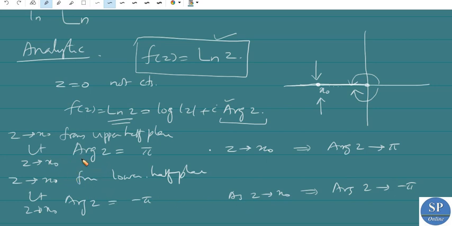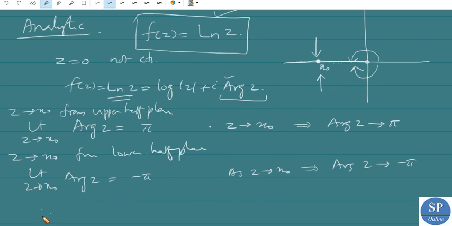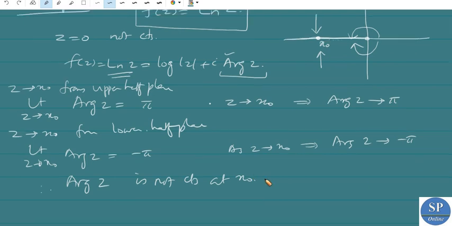Okay, so therefore we can say that argument of z, the principal value of the argument function, is not continuous at x0, where x0 is an arbitrary point on the negative real axis.